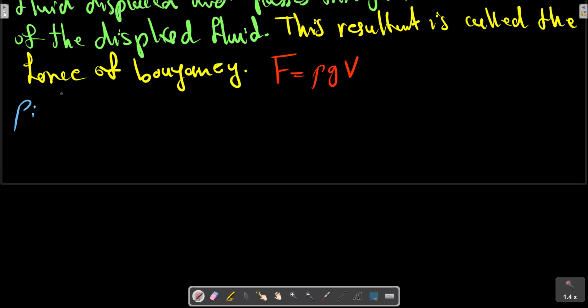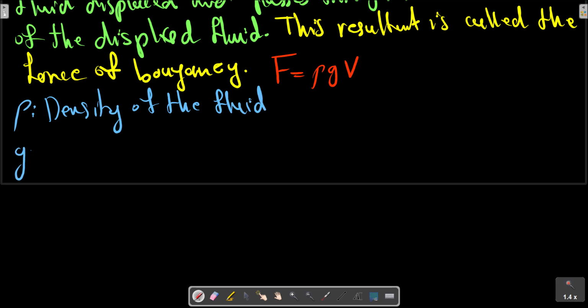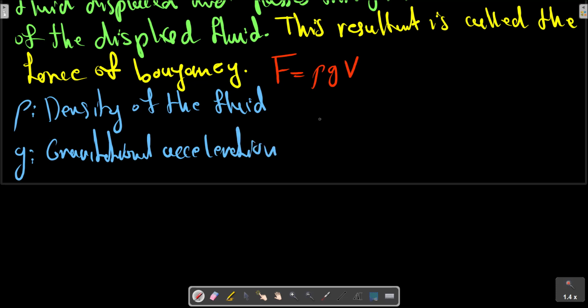Rho: density of the fluid; g: gravitational acceleration; and v: volume of fluid displaced.